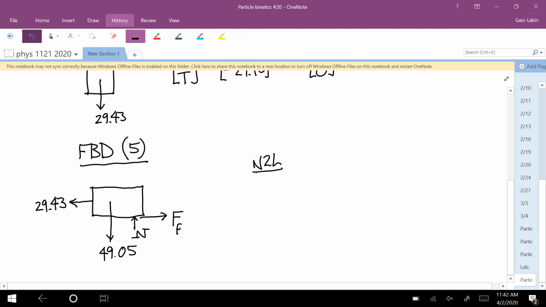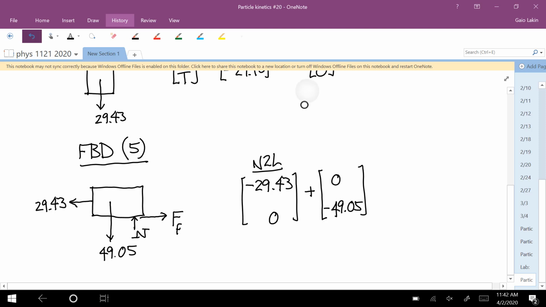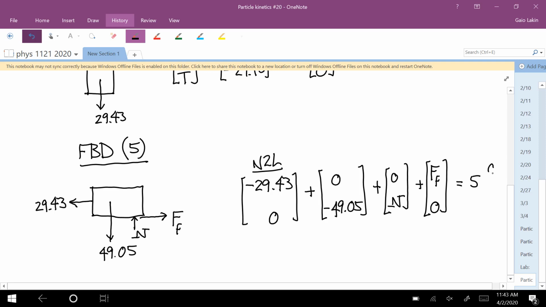All right, Newton's second law says negative 29.43 plus 0, negative 49.05 plus 0 N plus F_f, that's the force of friction, is equal to the mass of the object times its acceleration. And again, we're assuming everything's at rest, so this is zeros.